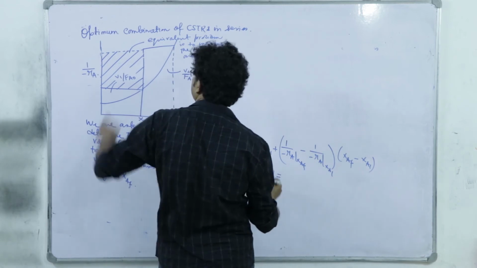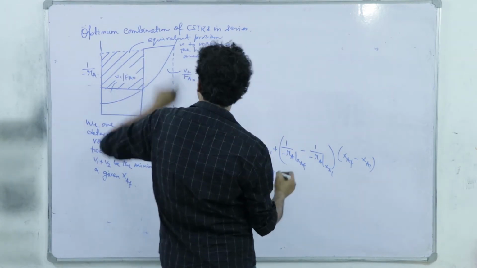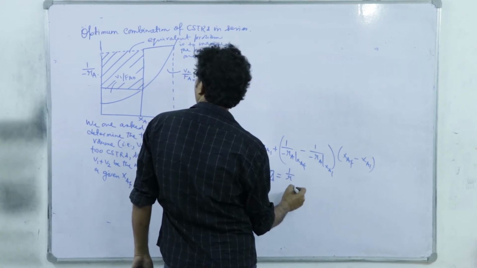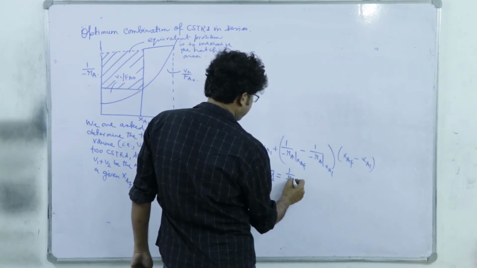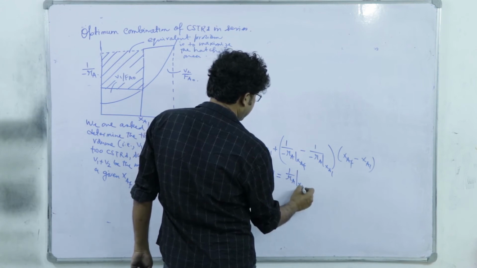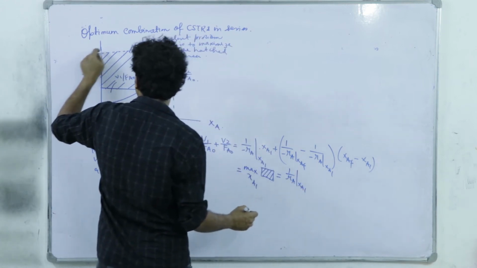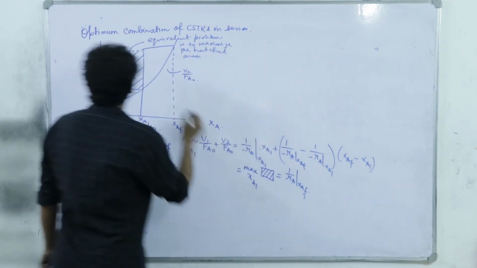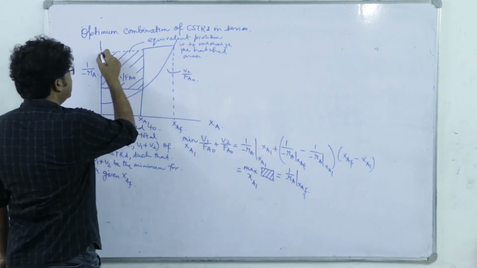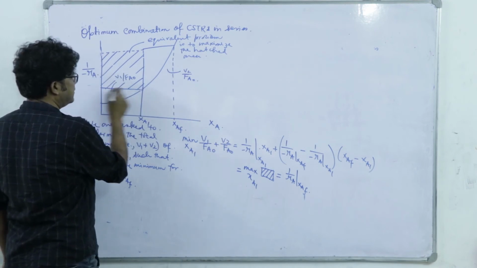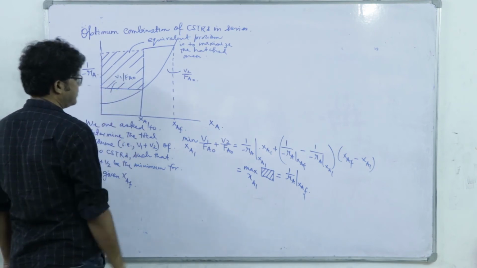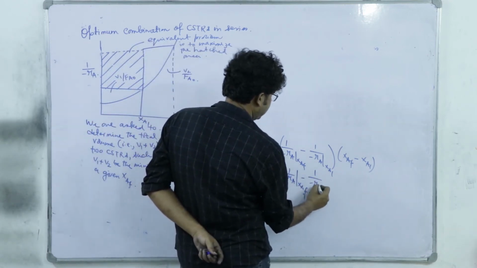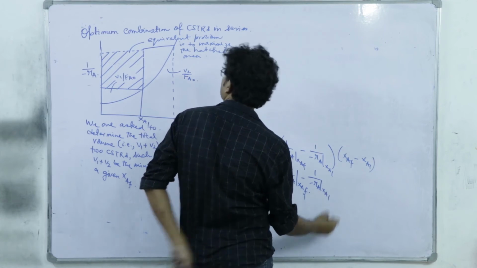which is basically, you see, 1 by minus Ra at Xaf, this, minus this, minus 1 by minus Ra at Xa1.